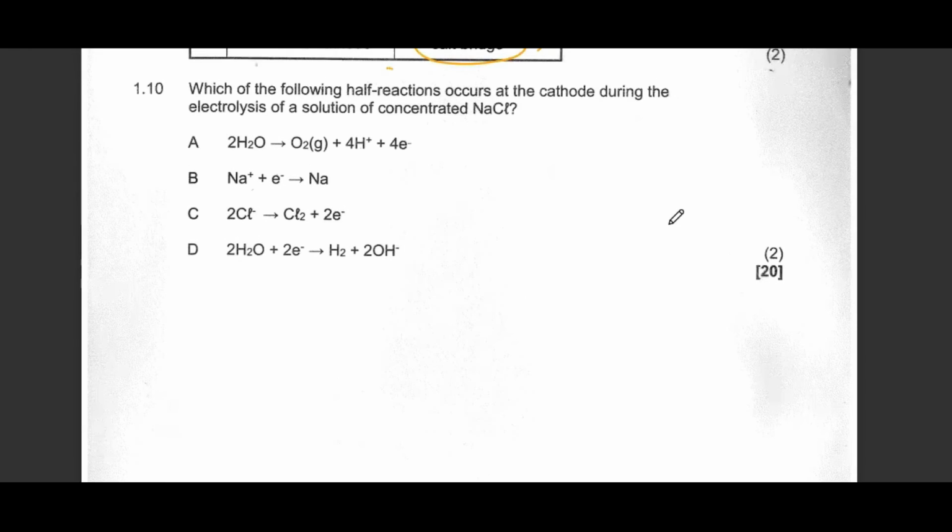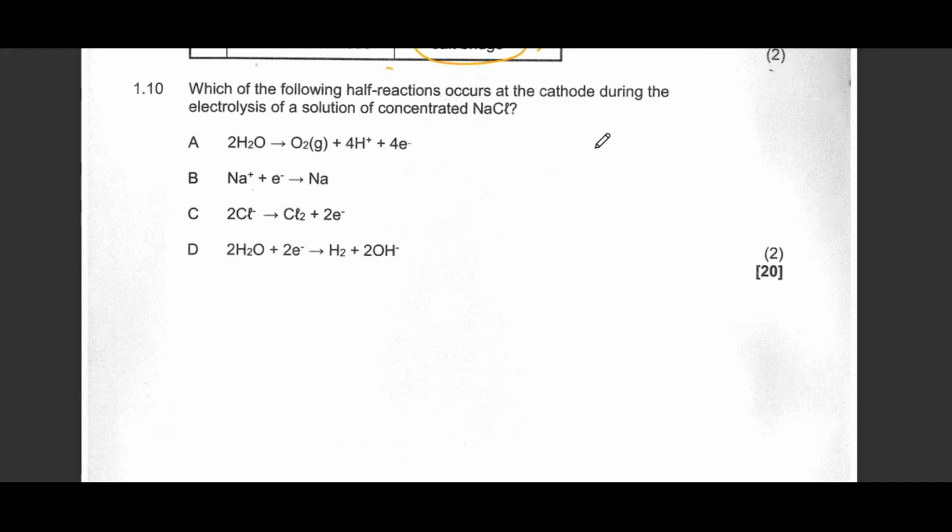Then lastly is which one of the following have reaction at the cathode during electrolysis of solution of concentrated sodium chloride.